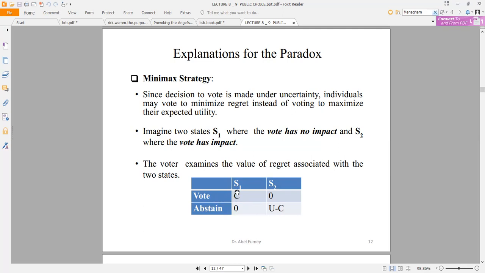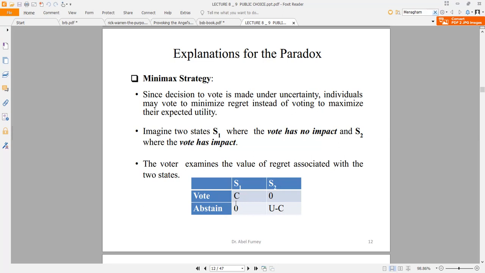So when you vote in state 1, where your vote has no impact, you incur a cost of C. But if you abstain because you knew that your vote wasn't going to make any impact, you don't have any regrets from not voting. So in a state where you know that your vote wouldn't make any impact at all, it's better you abstain.